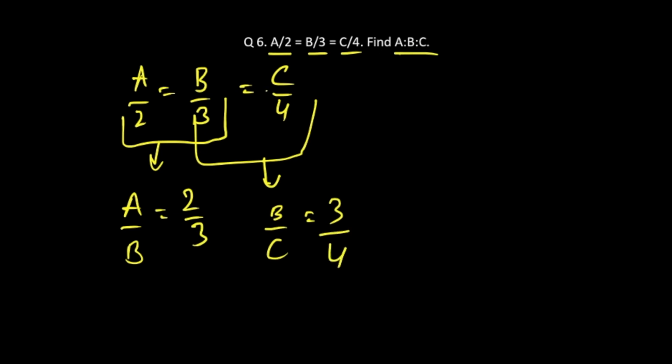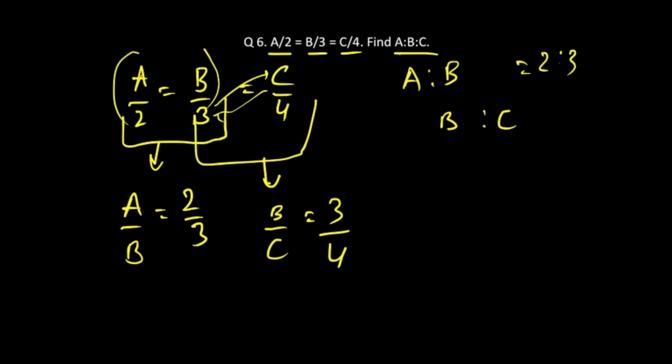All you are doing is taking this down here and this over here. Same for this as well. So now you know the ratios of A and B and B and C. That is 2 is to 3 and 3 is to 4.